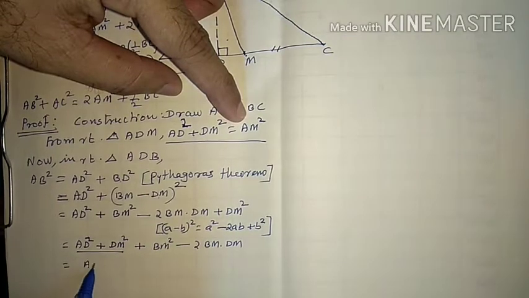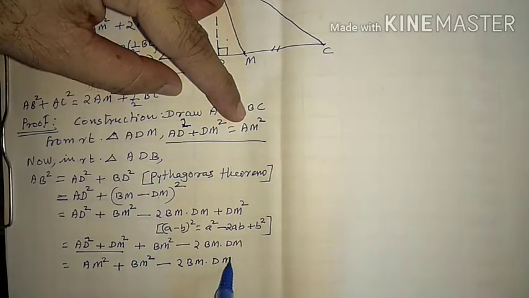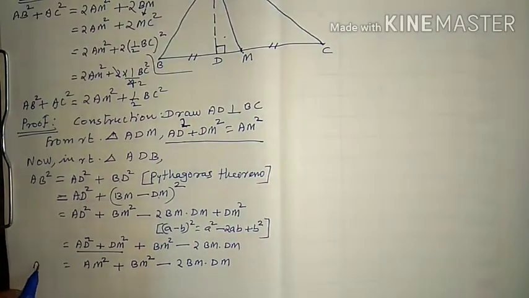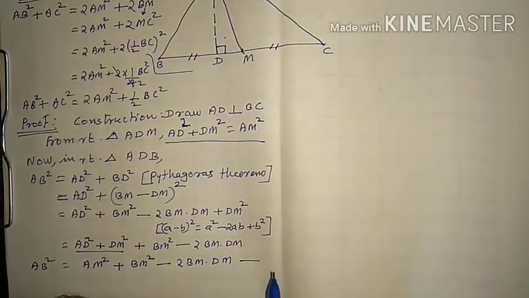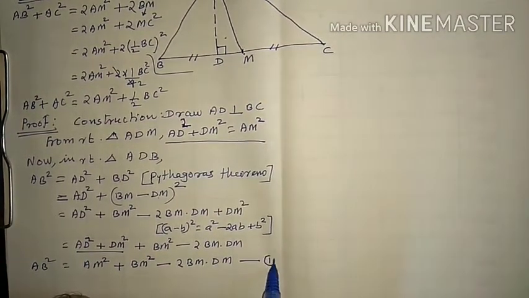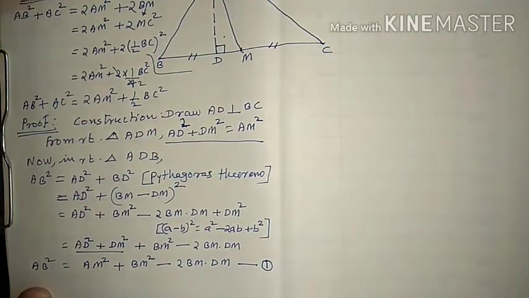This is AM square plus this BM square minus this 2 BM into DM. This is what? AB square. We call this equation number 1. We need it. This part we made AB square.